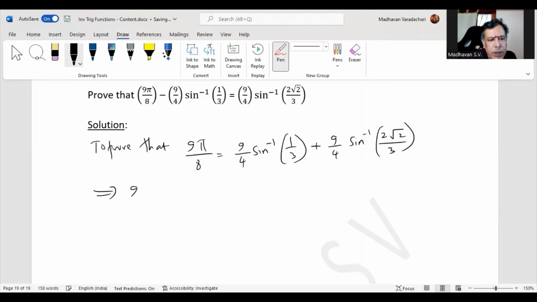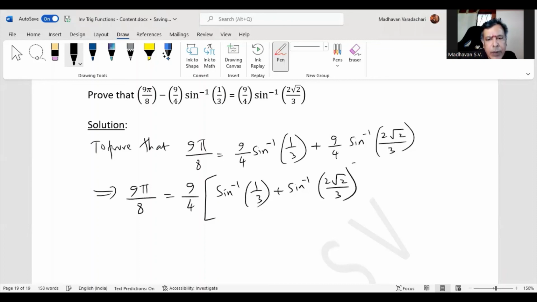Now this can be rewritten as 9 by 8 equal to 9 by 4, which is common. We can take it outside. So here you will have sine inverse of 1 by 3 plus sine inverse of 2 root 2 by 3.